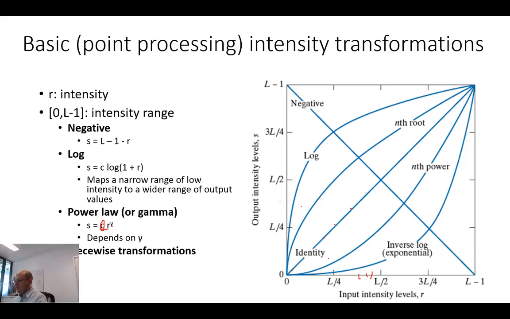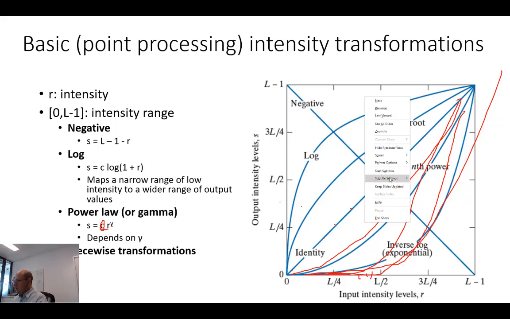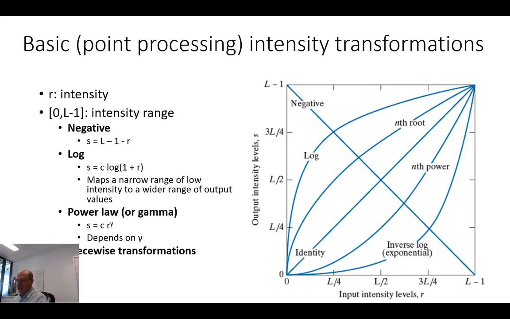If gamma is greater than 1, you are going to have an exponential function. Depending on the gamma, you have a more pronounced exponential function here. And if gamma is fractional, you are going to have a similar effect as we're going to get with the log.